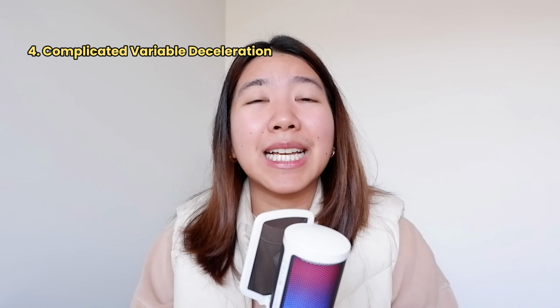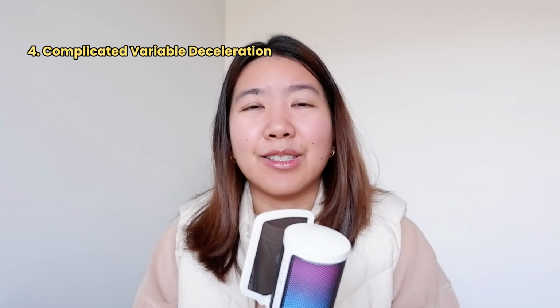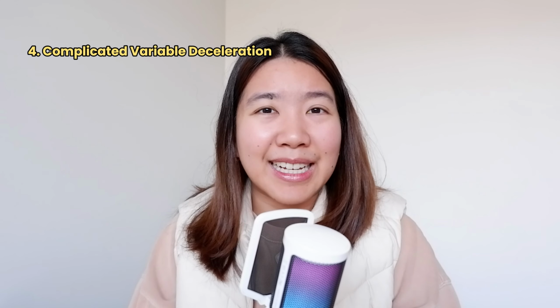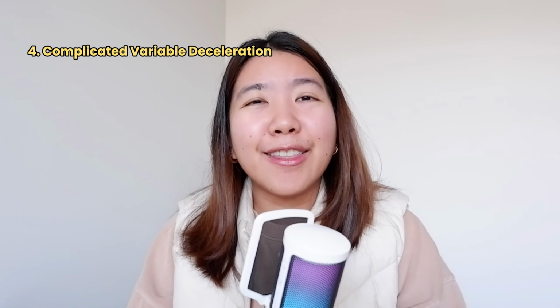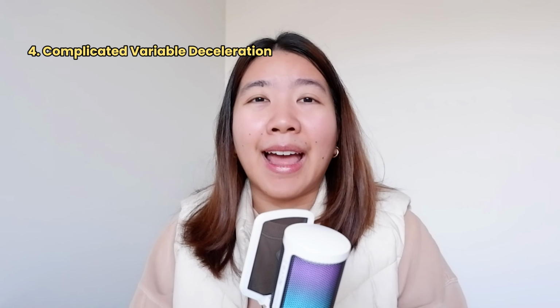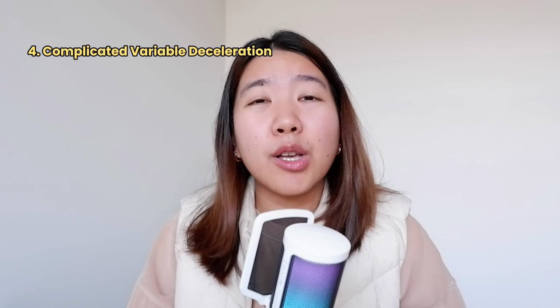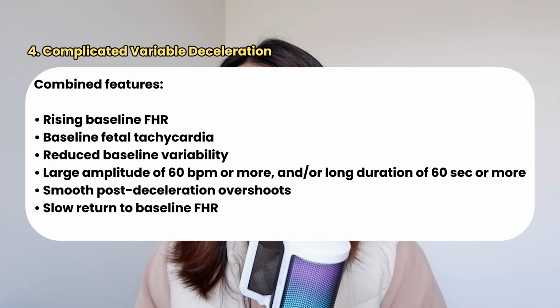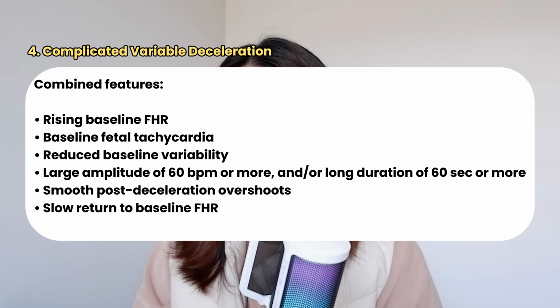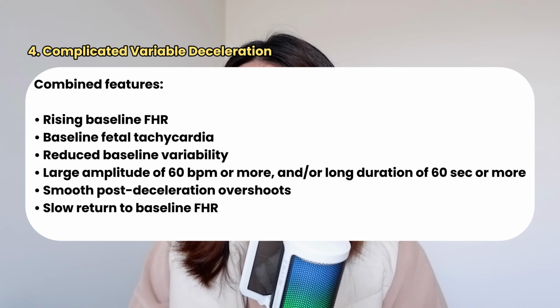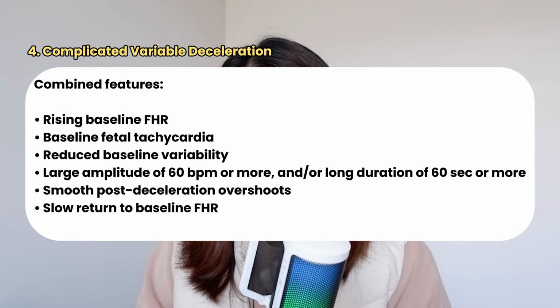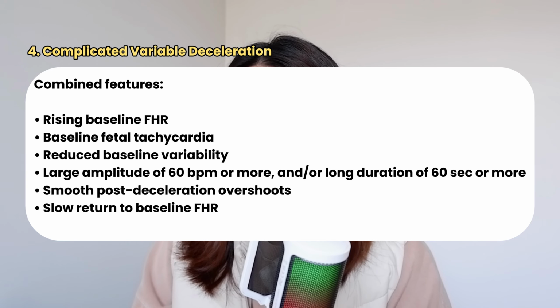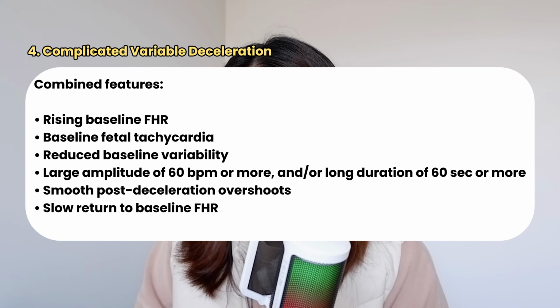Number 4, complicated variable deceleration. This is a variable deceleration combined with other features, and that can indicate an increased risk of fetal compromise. When you see variable deceleration combined with these features, it's called complicated variable. Number 1 is a rising baseline of fetal heart rate. Number 2 is baseline fetal tachycardia.